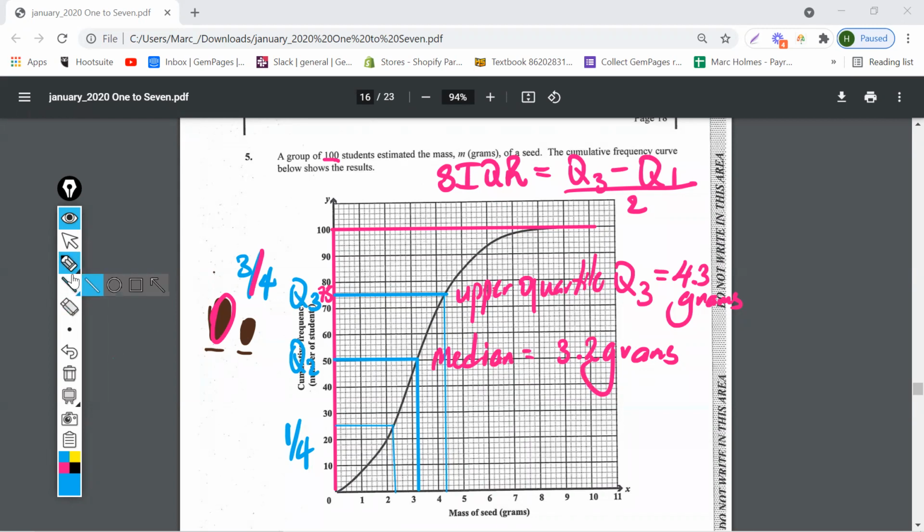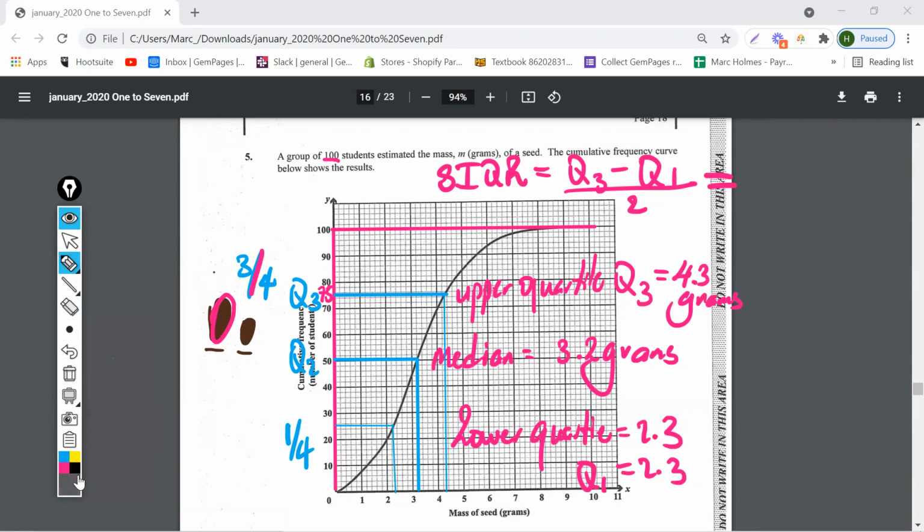So let me write that down here. The lower quartile is equal to 2.3. Now that we have Q1, which is 2.3, and Q3, we can just put it in the equation for the SIQR.